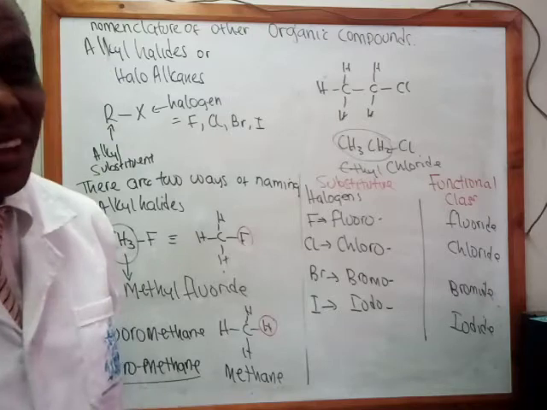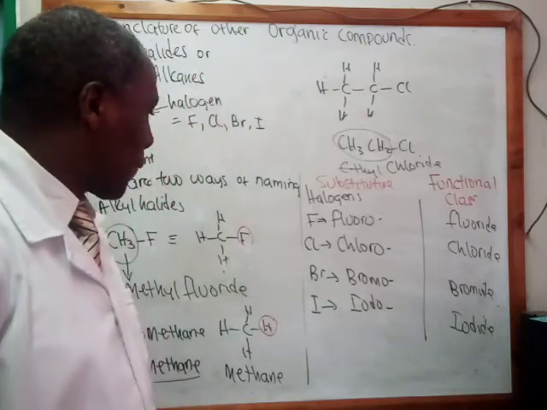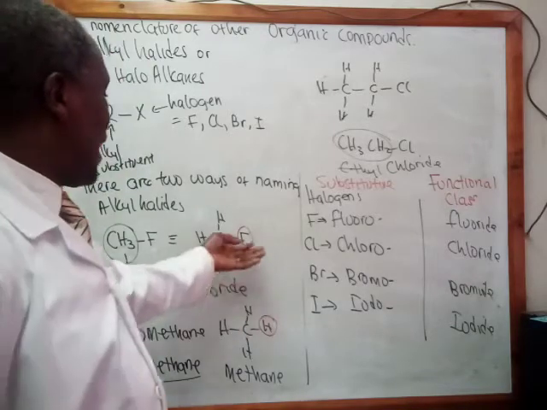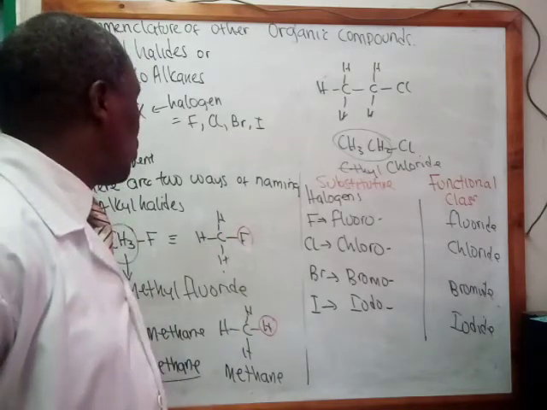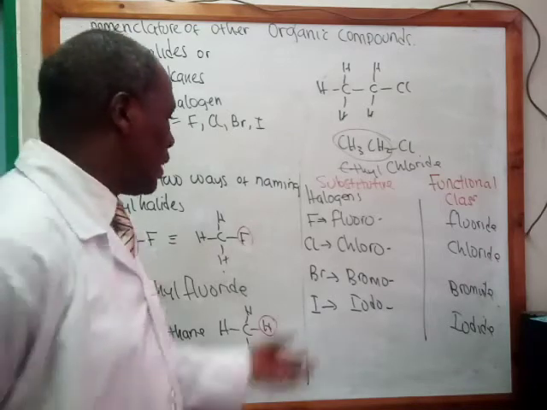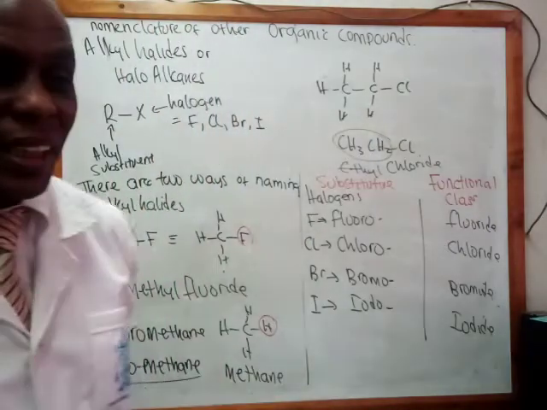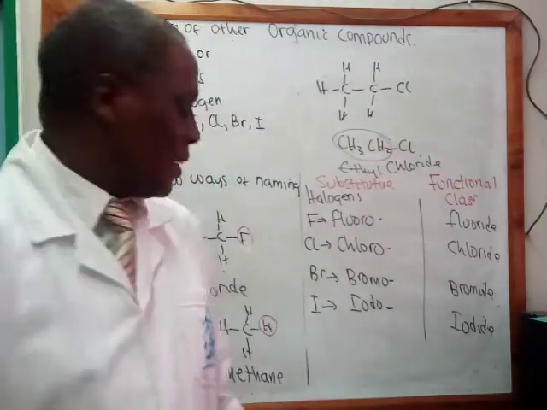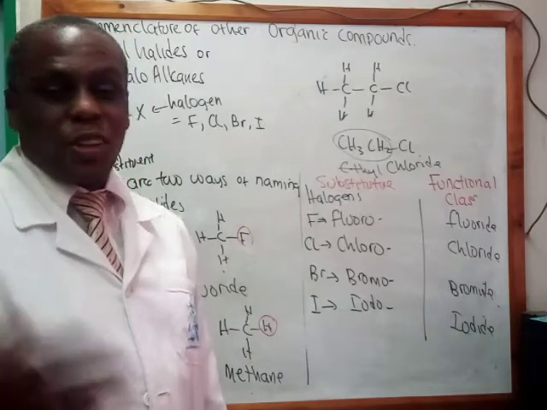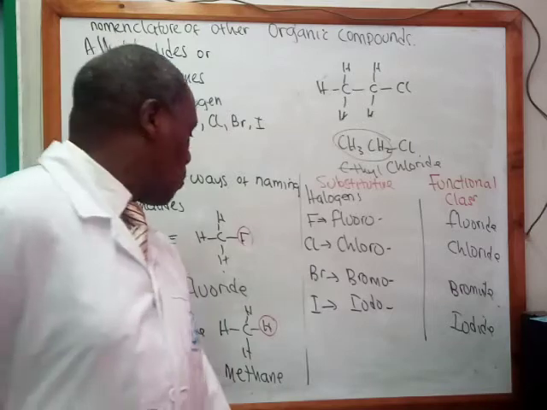What you're going to find out is that halogens, especially chlorine and fluorine, can be on a hydrocarbon like a methane, and it can contain more than one halogen.